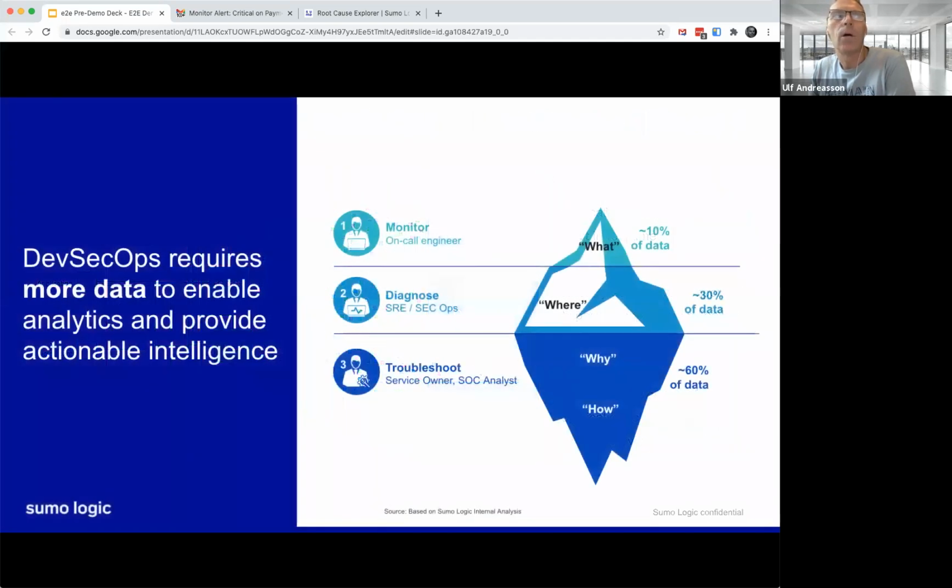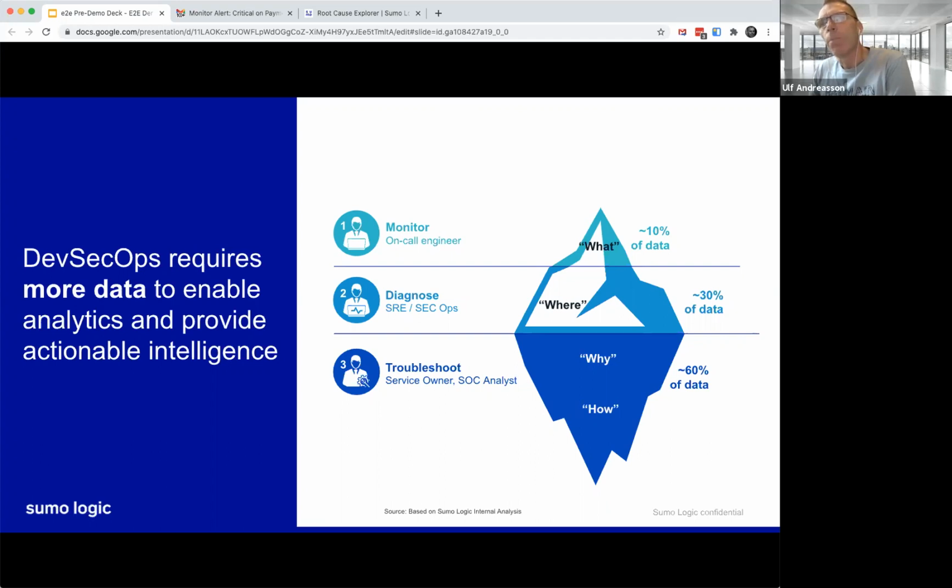Different personas are going to use different aspects of Sumo. From an on-call engineer perspective, in this demo we're going to follow the whole way through. But many times it's just a question of monitoring, while other personas may be doing the diagnosis or troubleshooting. It all depends on your skills and your use case.